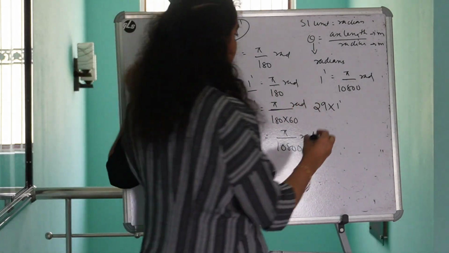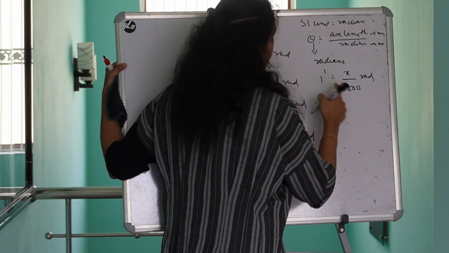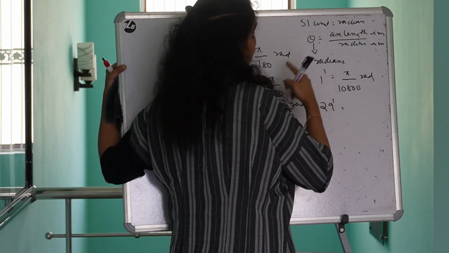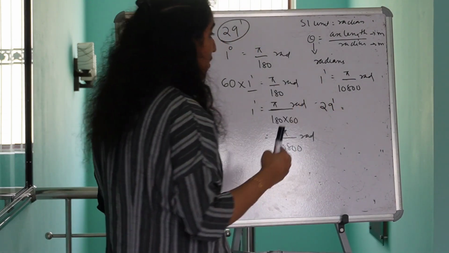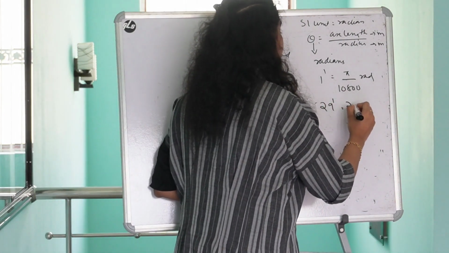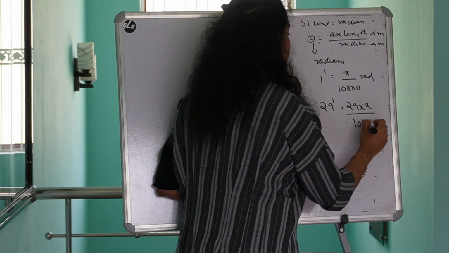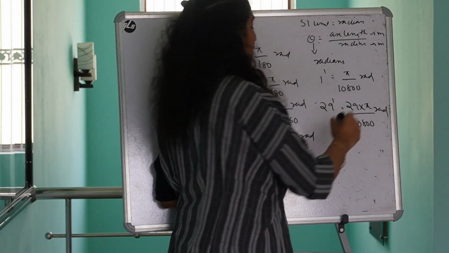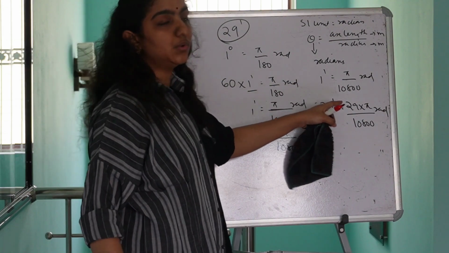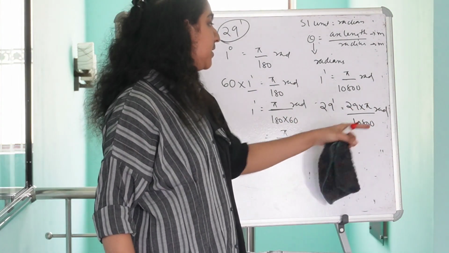Since I am multiplying 29 on the left side of the equation, I have to perform the same operation on the right side. So 29 minutes is equal to 29 into pi divided by 10800 radian.